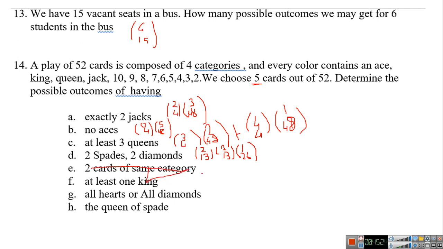At least one king. You may have one king, one out of four, and remains four cards because I'm going to draw 5, 4 out of 48. Or two kings and 3 out of 48.